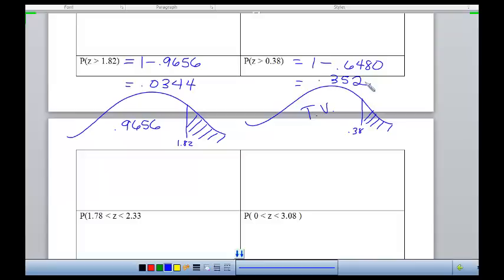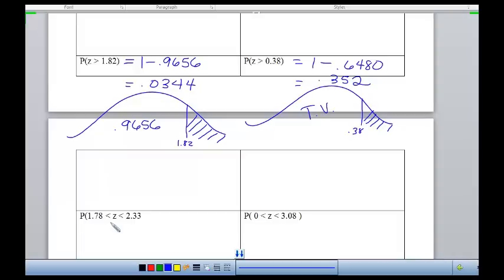The authors suggest, and I agree, that for the types of examples that we looked at just now, using the table is probably easiest, although I will show you how you can do that on your calculator in a minute or two. For this next type of example, especially this one right here, using the calculator may save you some time.